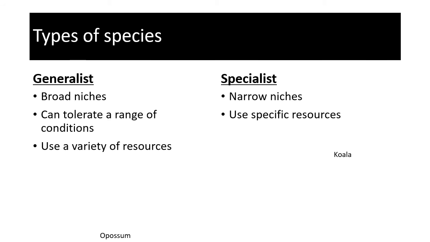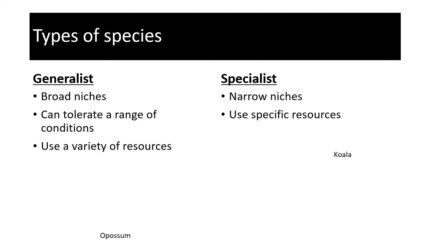Specialists generally have one specific thing that makes them choose that niche. For example, a panda is a specialist, due to the specific resource they use, which is bamboo. And weirdly enough, it's essentially their candy. They love bamboo. It is a bad food for them.